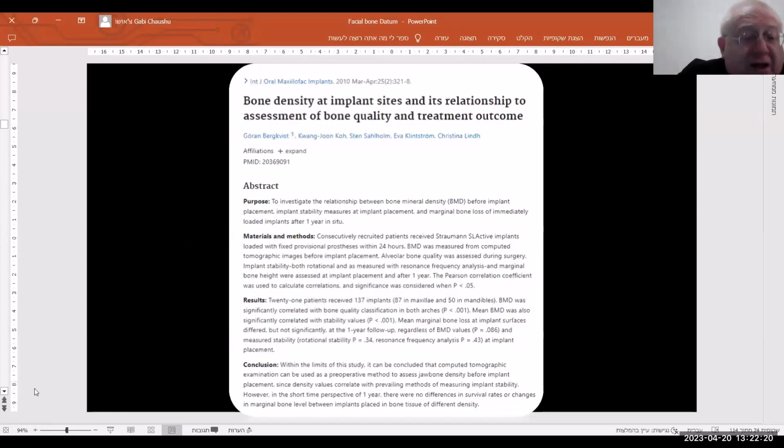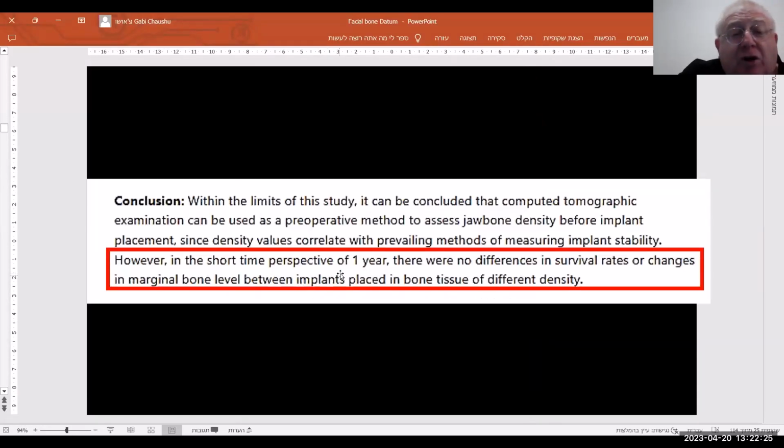This study from 2010 stated that in a short-term perspective of 1 year, there is no difference in survival rates or changes in marginal bone level between implants placed in bone tissue of different density. So again, density, no importance.